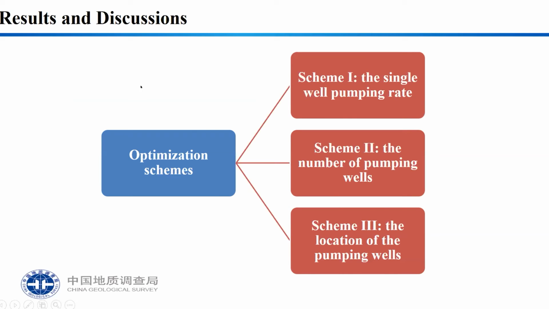Using the calibrated model, we optimize the single well pumping rate in scheme 1, the number of the pumping wells in scheme 2, and the location of the pumping wells in scheme 3. Scheme 1 constraint conditions include the pumping rate of single well, the total water supply, and the aquifer.